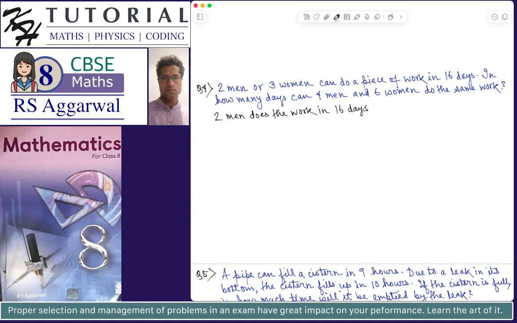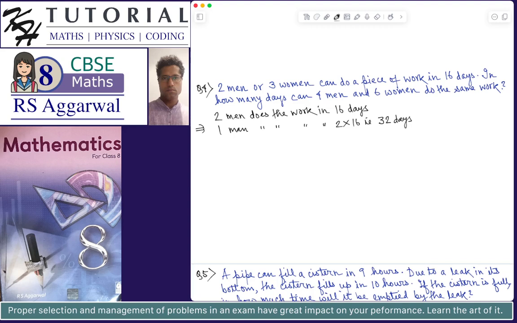So in how many days will one man do the job? One man does the work in 2 into 16, that is 32 days.